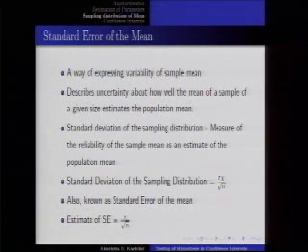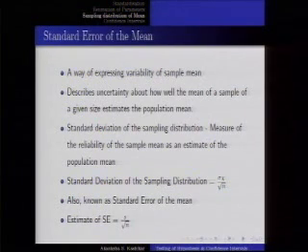So what it does is, it describes uncertainty about how well the mean of a sample approximates the population mean. And it is basically the standard deviation of the sampling distribution. Means if I plot the graph of many sample means, then I can compute the standard error through the spread of that graph.